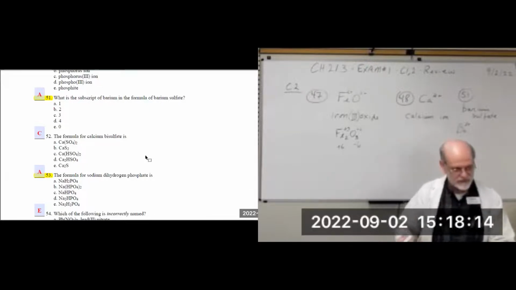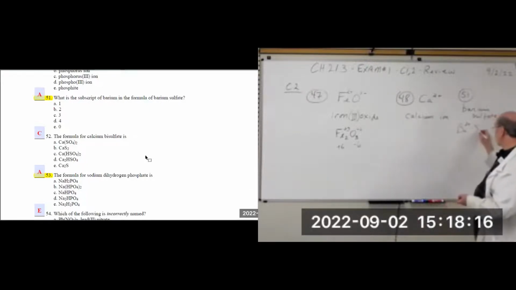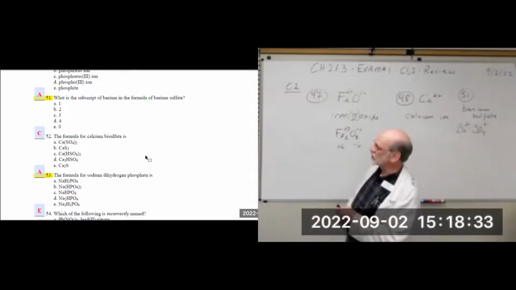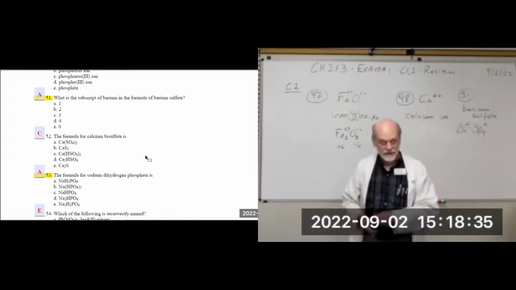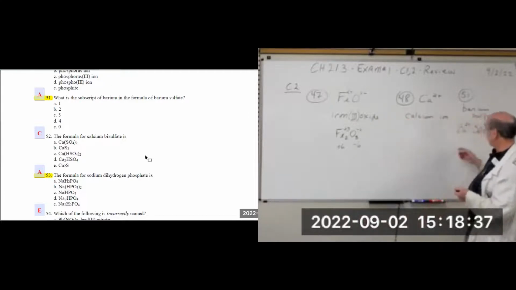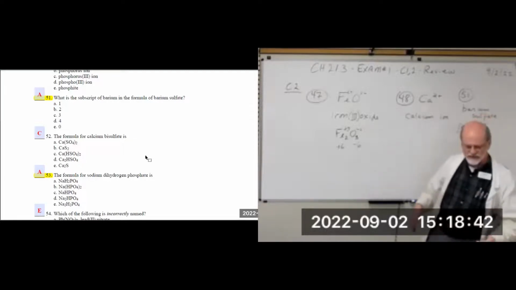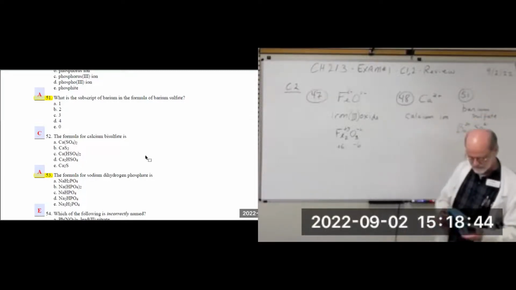You look up sulfate and you write what sulfate is, SO4. And what is its charge? 2-. So a 2+ balances a 2-. You only need one of each. You're done. So to answer the question, what's the subscript of barium? It's 1. There's an understood 1 there. We never write 1s, but it's there.